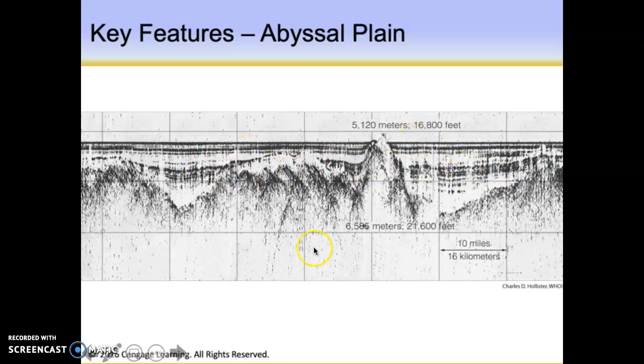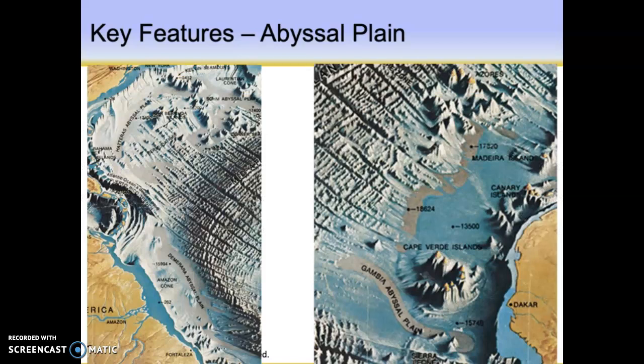This feature is what we refer to as the abyssal plain. It is a flat area. You can see it on either side of the mid-ocean ridge. I've zoomed in on that map from the textbook. You can see the flat area here on the east side of the Atlantic Ocean. There's another flat area over here on the west side of the Atlantic Ocean basin.